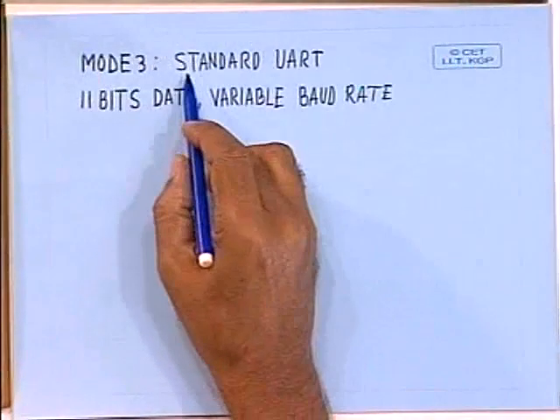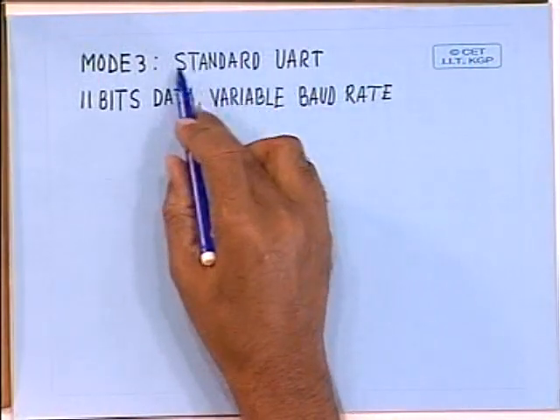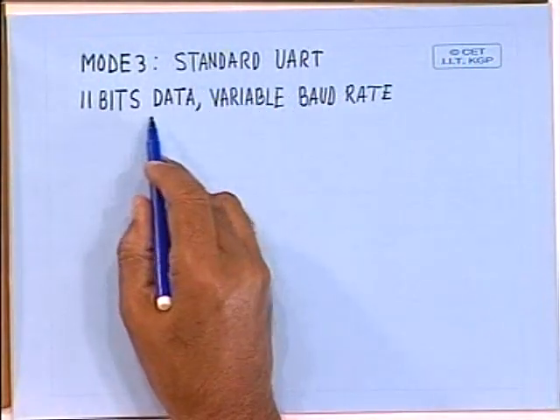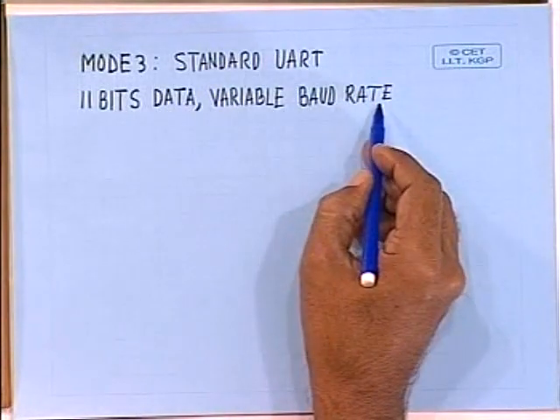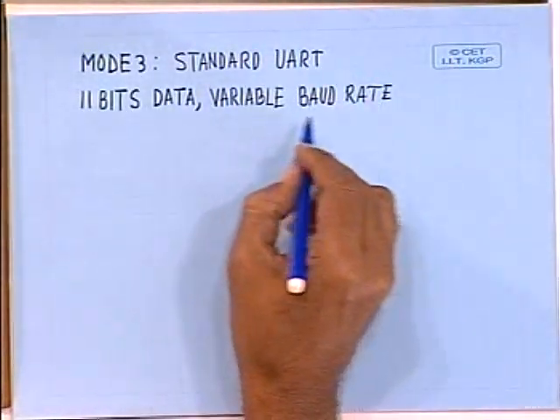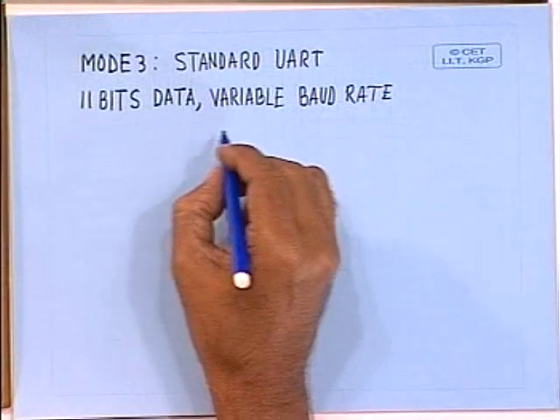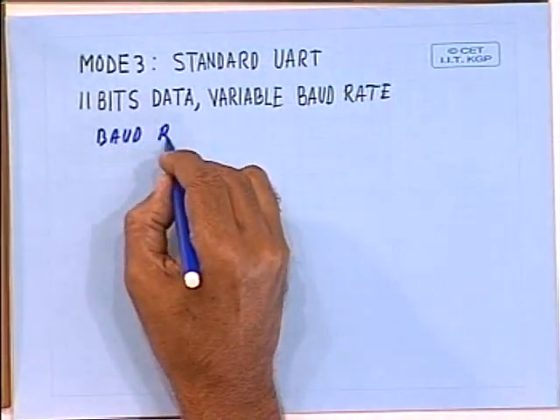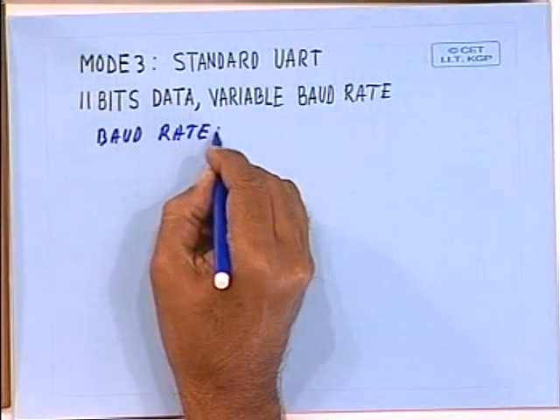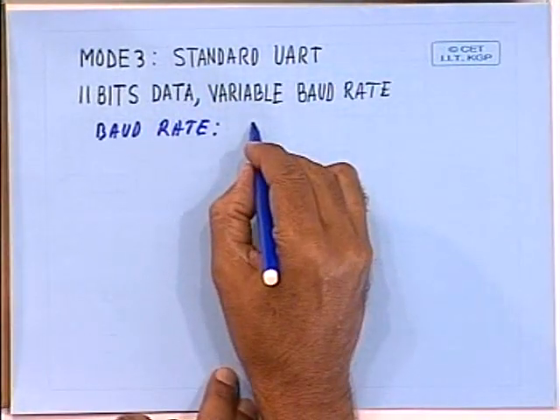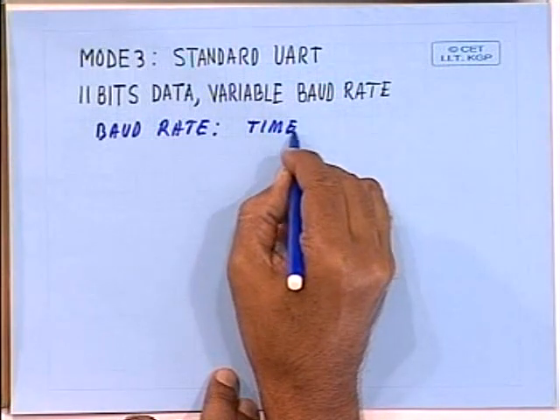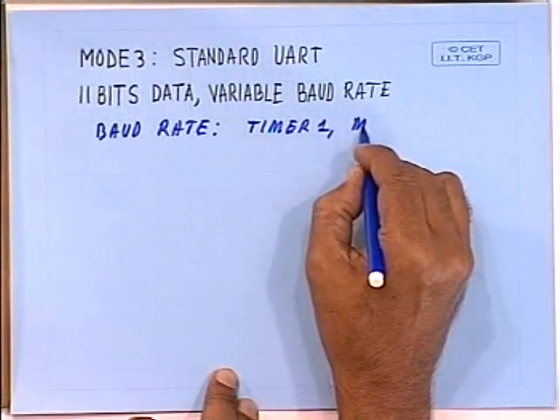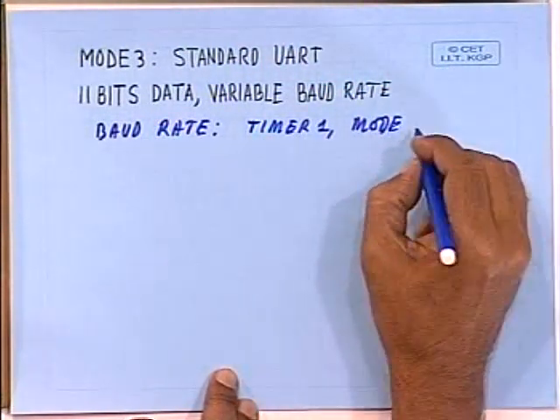Mode 3 is also standard UART, but it uses 11 bits of data and a variable baud rate. That means in this case, the baud rate is made available by using timer 1 in mode 2, or some other mode is also possible.